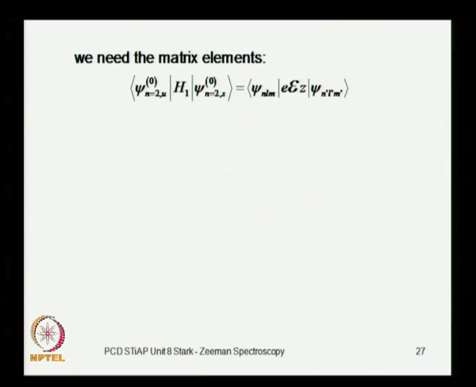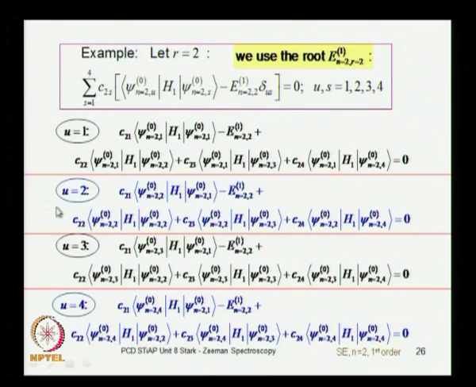We are illustrating this example for r equal to 2, and solving these equations will give you the coefficient c. You notice that in this system of equations you have the matrix element of H1, which is the perturbation Hamiltonian, in the unperturbed states corresponding to n equal to 2, to all those 4 degenerate states.